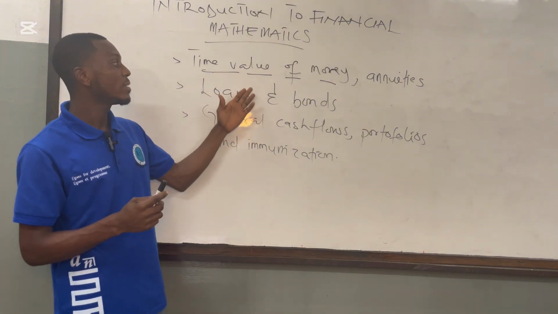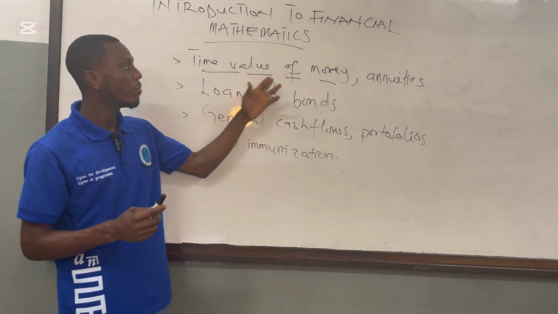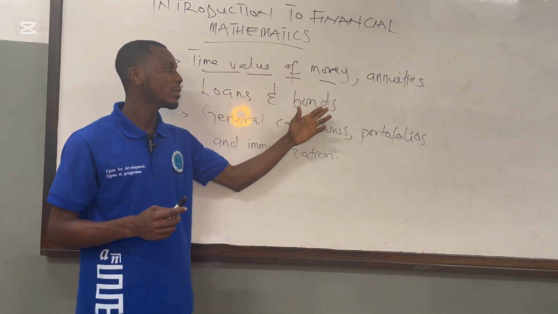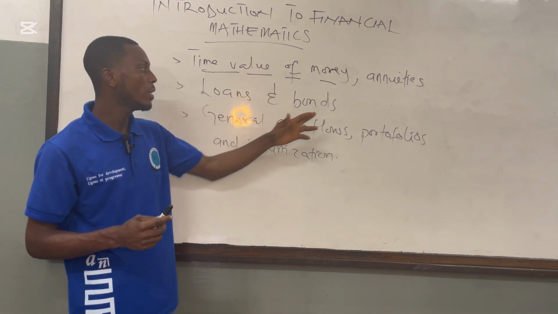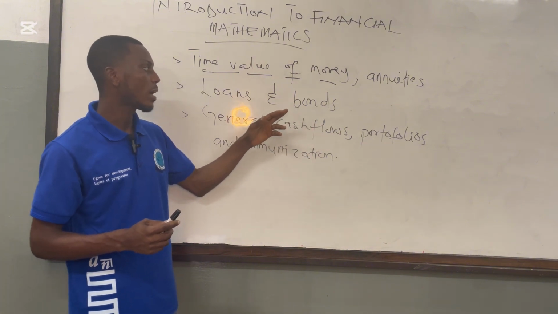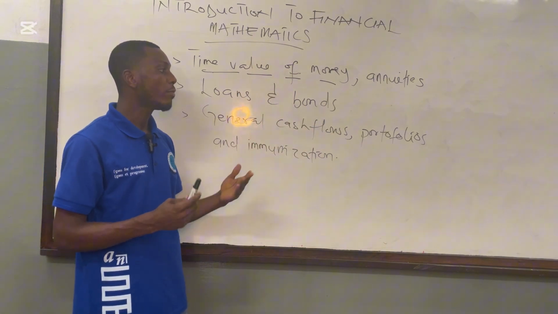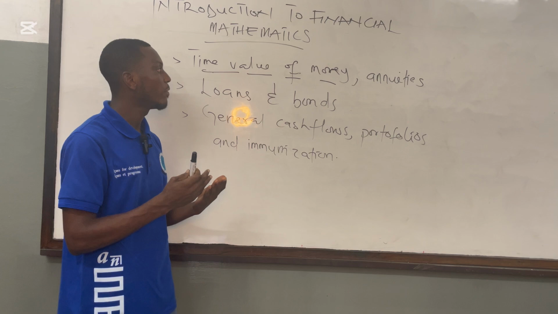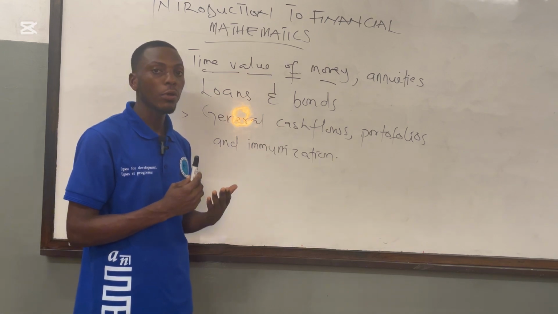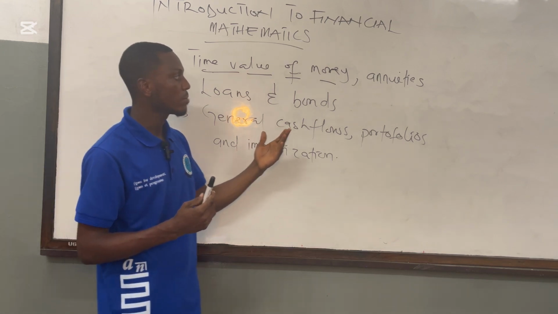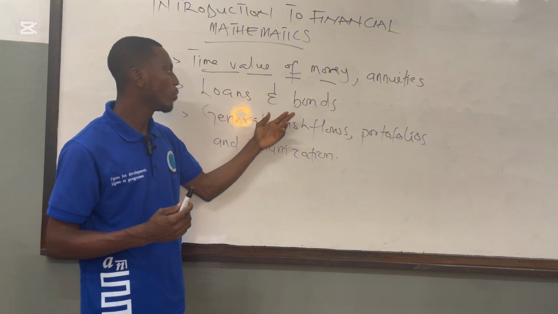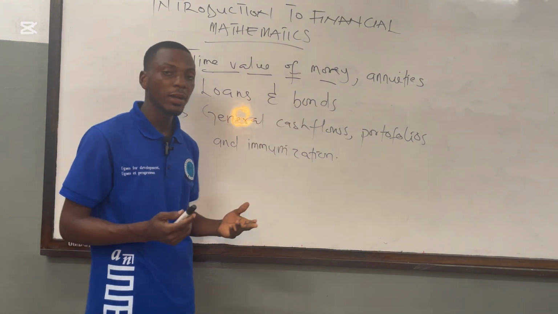And I personally say that time value of money is one topic that all the other topics in financial mathematics are based on. So your foundations in time value of money will tell how well you would understand concepts like annuities, loans, bonds, and even general cash flows.